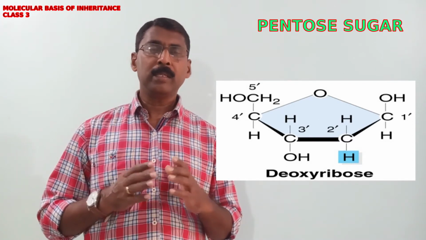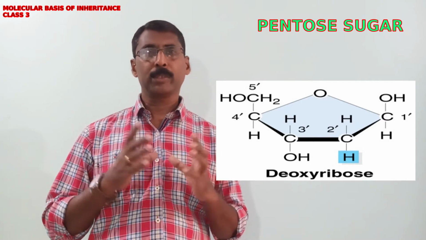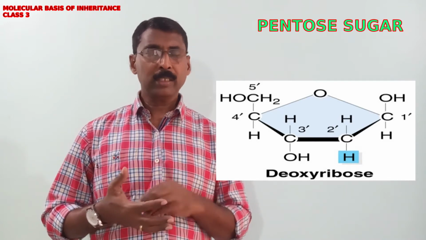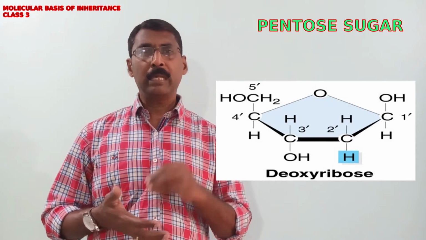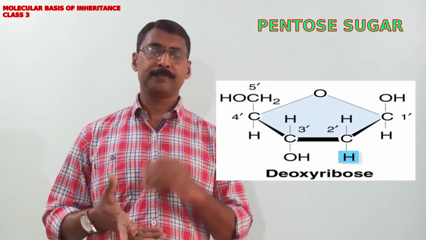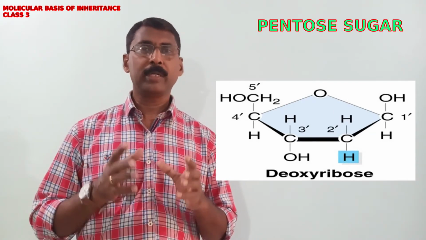The sugar is deoxyribose sugar, because in this sugar, one oxygen atom is less than it is in the ribose sugar.